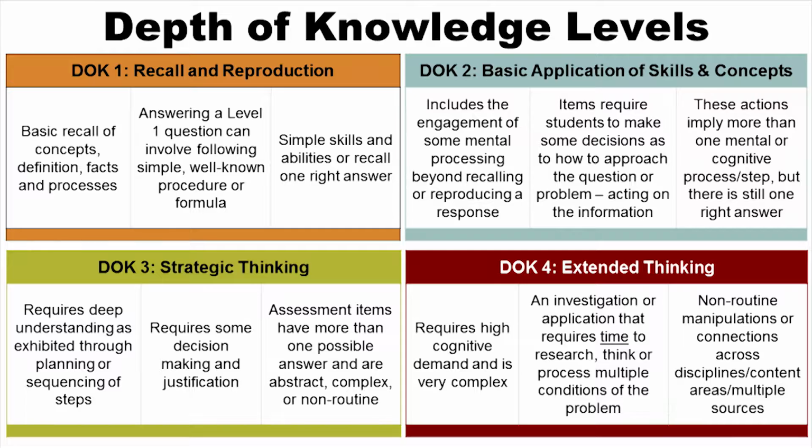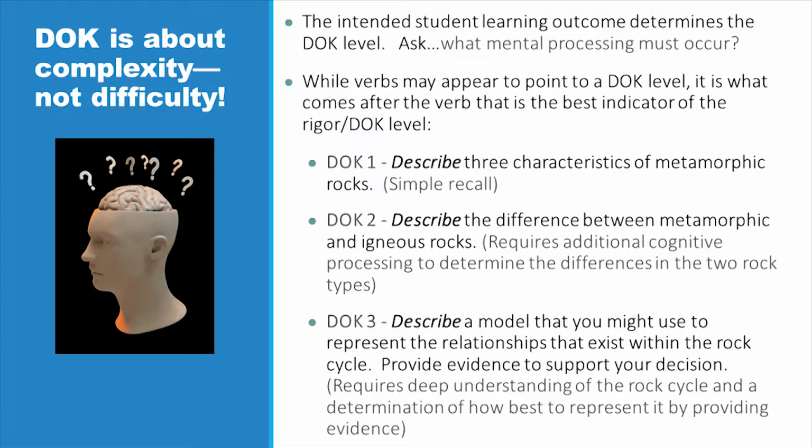Here, there's typically more than one possible correct answer, and it requires some decision-making or justification. The final level, DOK 4, is extended thinking. This requires connecting across disciplines, content areas, and accessing multiple sources, similar to the items that we are seeing on the new PARCC assessment.